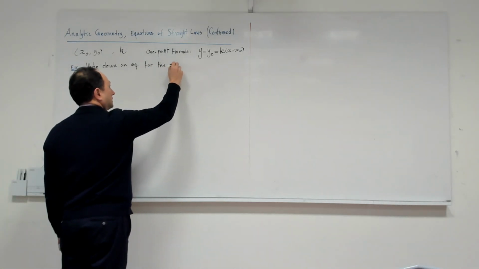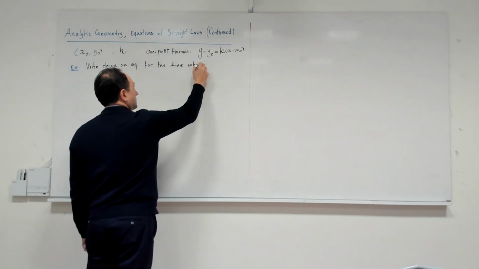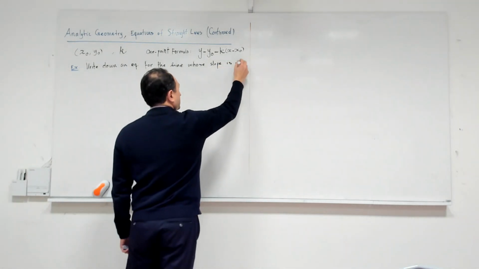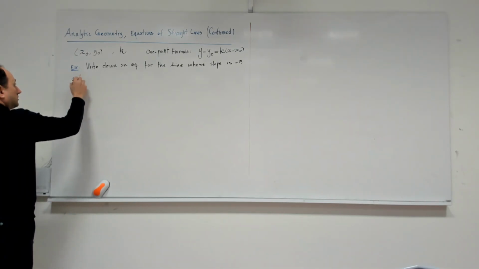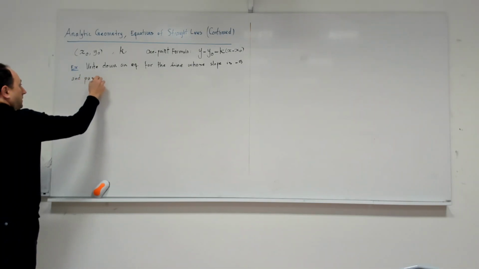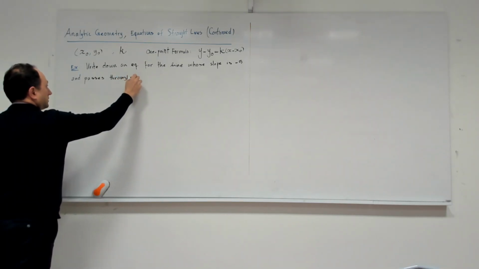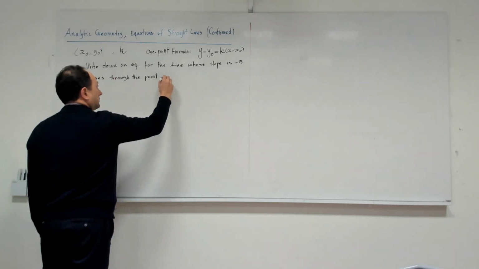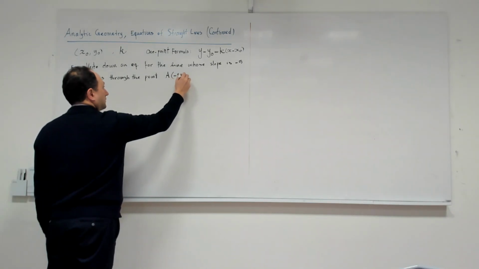For the line whose slope is minus 5 and passes through the point, let us call it point A, whose coordinates are minus 1 and minus 5.